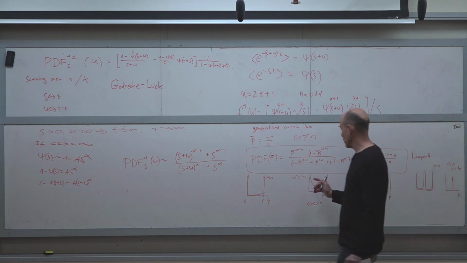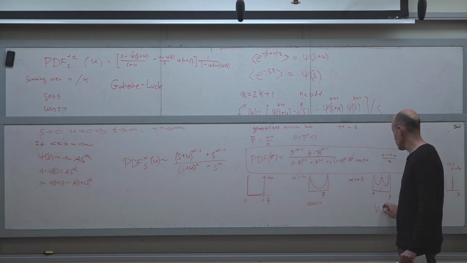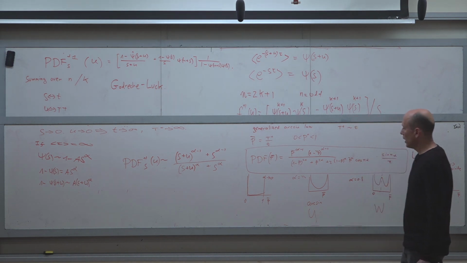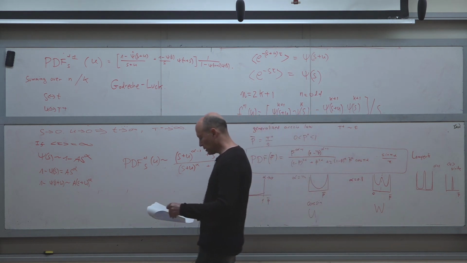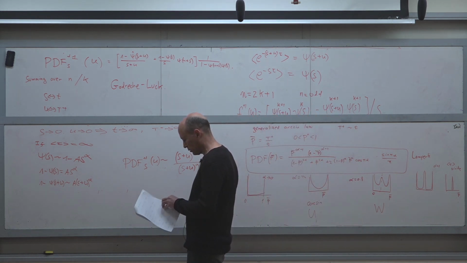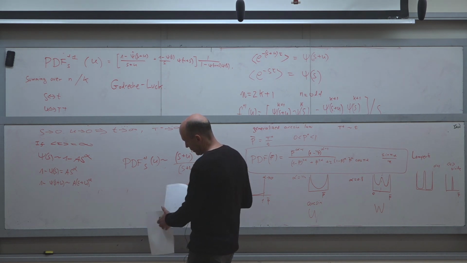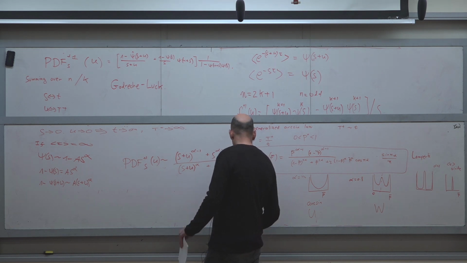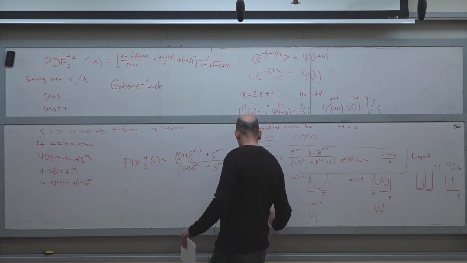So there is a transition from this U shape to this, sometimes called W shape, and there is a critical exponent alpha, which I think, once I calculated it, is 0.5946.